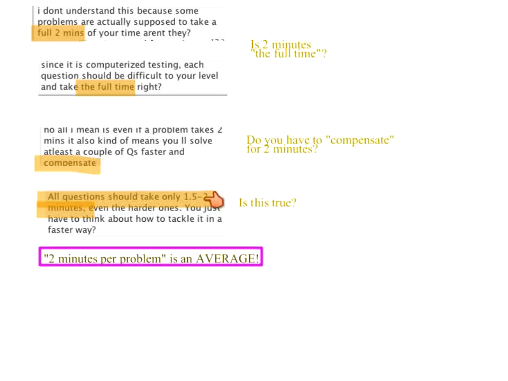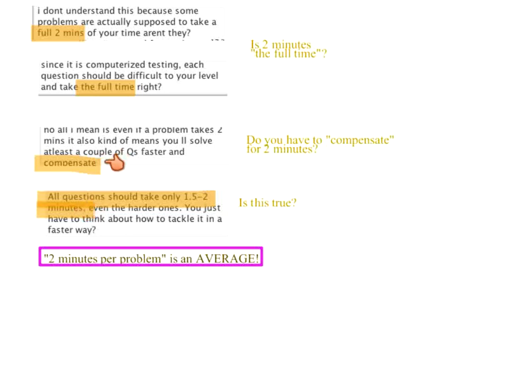This is definitely false that all questions should take 1.5 to 2 minutes. If that's true, then you will wind up sitting on your hands for like the last 30 minutes of the quant section. You cannot be below average for everything. That's not what an average is. That's not how they work.